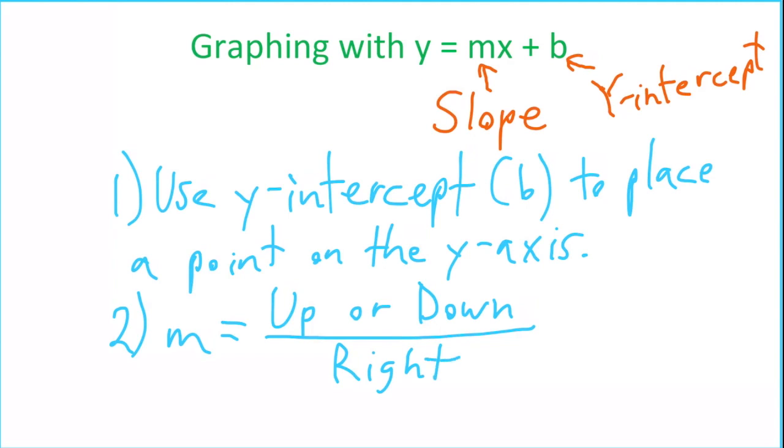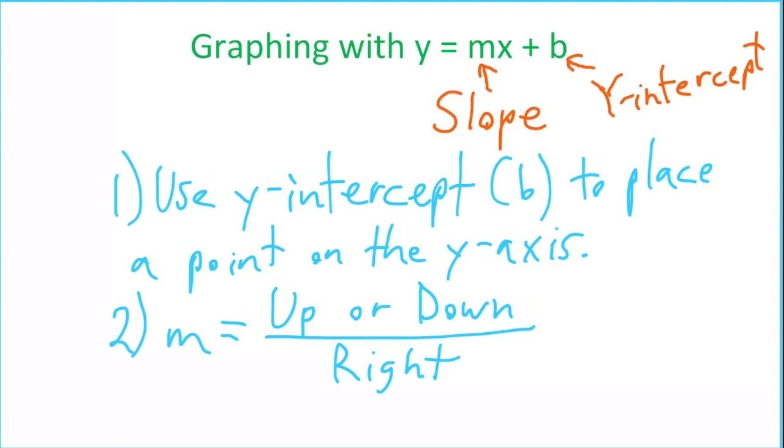Some of you may have learned rise over run, but I don't like that. It confuses me. Rise over run is not enough information. If you want to remember rise over run to the left or right, that works. But I prefer up or down, then to the right.